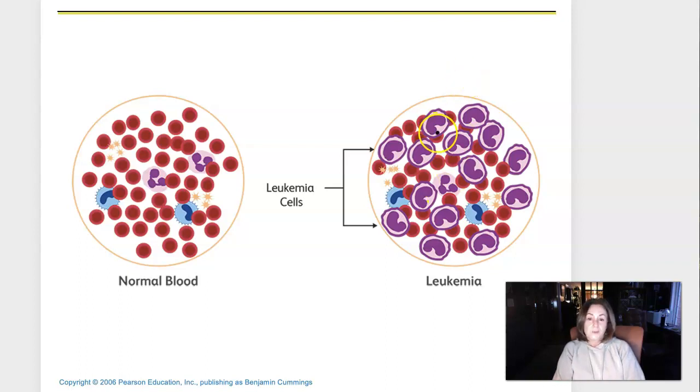You would think maybe this would give rise to a really great, powerful immune system. But unfortunately, these cells aren't functional, so it just crowds out all of the other cells. Leukemia is a form of cancer, but because it's blood cells, instead of getting a formed tumor, they're just overcrowding all of the other cells in the blood.